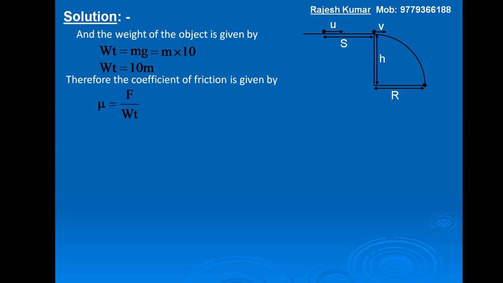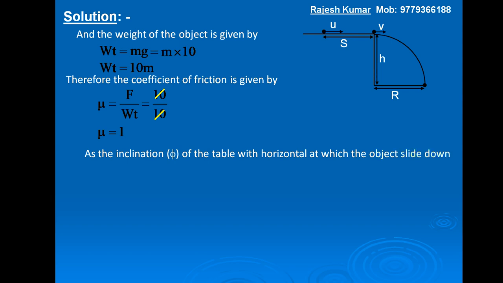As there is no motion in the vertical direction, weight becomes equal to the normal reaction. So mu is equal to 10 upon 10, and 10 and 10 cancel each other. So mu is equal to 1. Coefficient of friction is equal to 1.